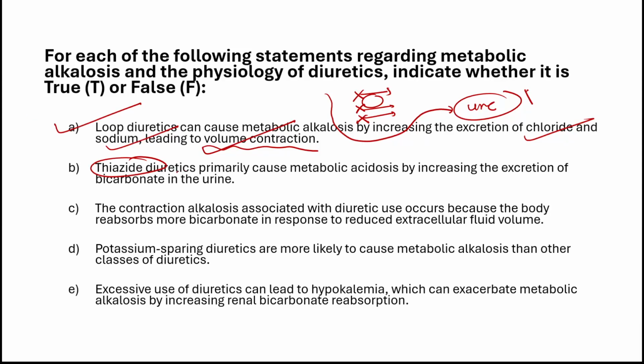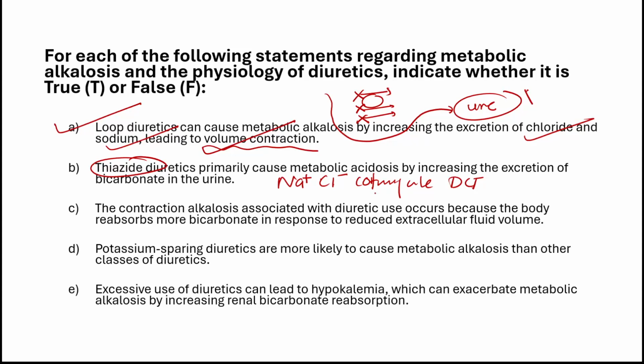Thiazides. Thiazides are actually like loop diuretics. These thiazides are diuretic agents which act on the sodium chloride co-transporter found within the DCT, the distal convoluted tubule. By doing that, it will prevent the reabsorption of sodium and even chloride.